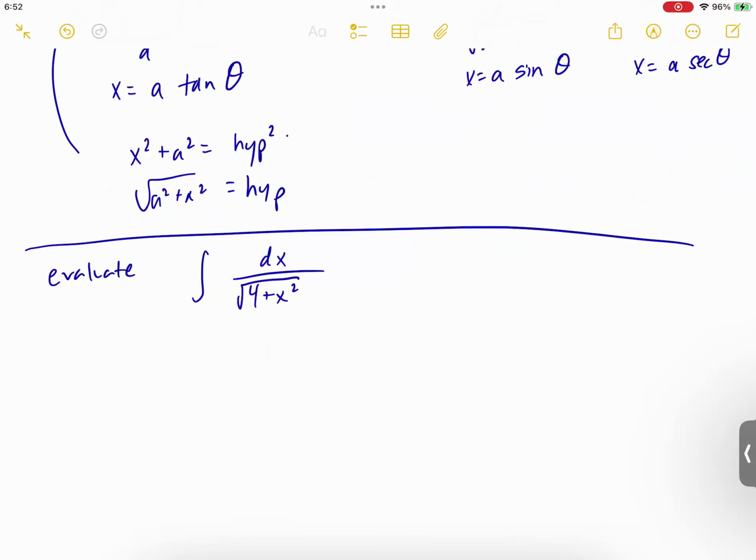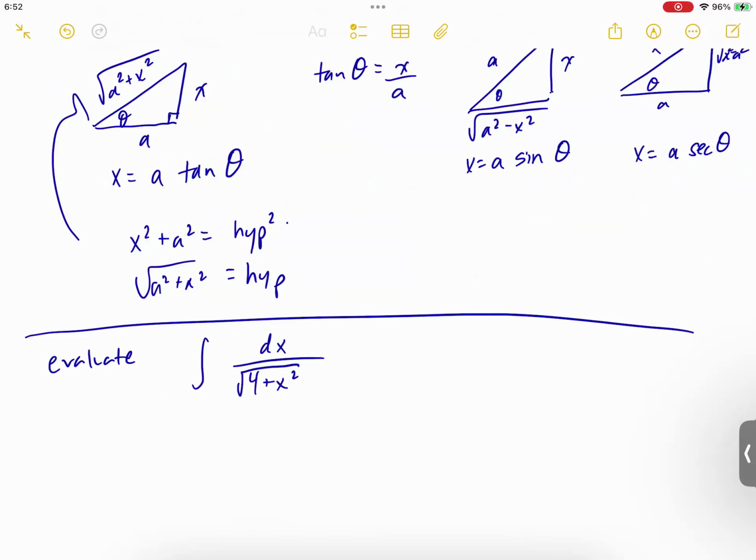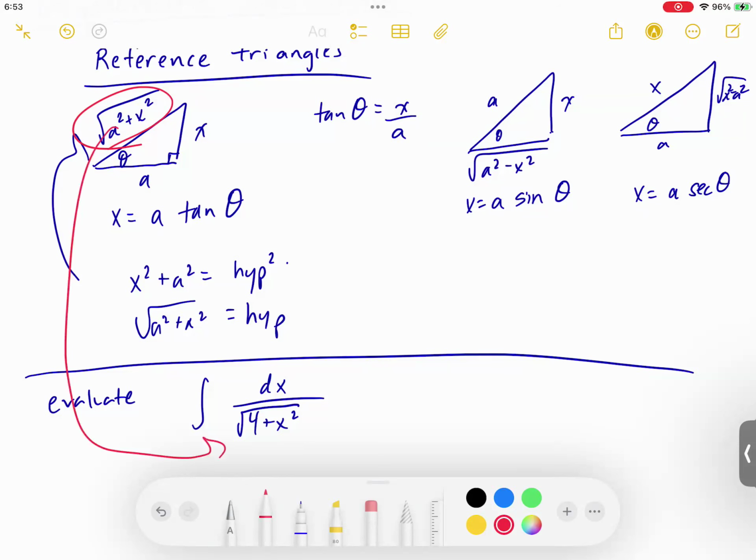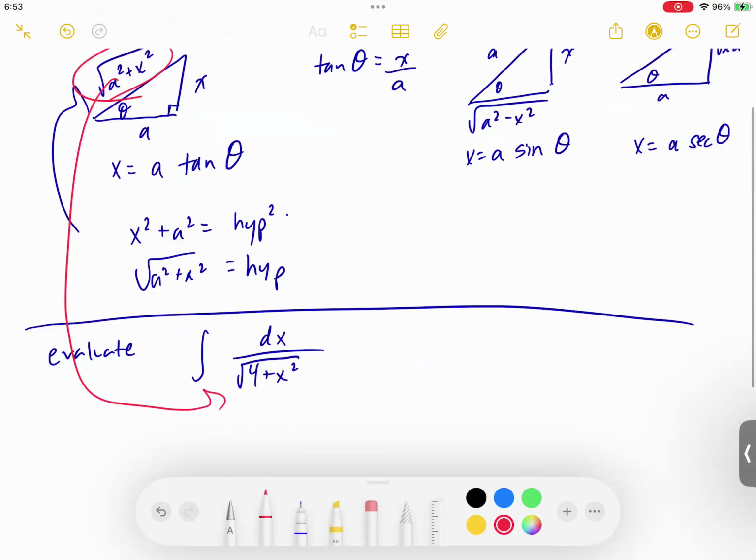So you want to look at the denominator. It has square root of 4 plus x squared. You go to your reference triangles. Above, you see that we have basically this first one. We have something with a square root, and we have a squared plus x squared. That corresponds to this square root of 4 plus x squared.